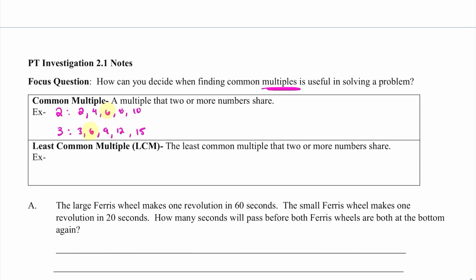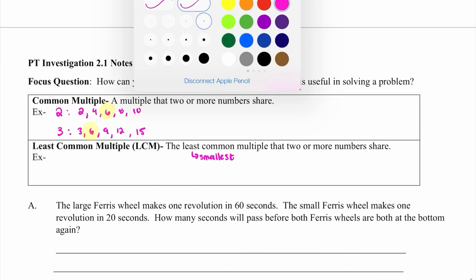It's a multiple that numbers share together. Now we're going to add the word least to it. If you want, you can write this down: least also means the smallest. So we're looking for the smallest number that is a multiple of two or more numbers.